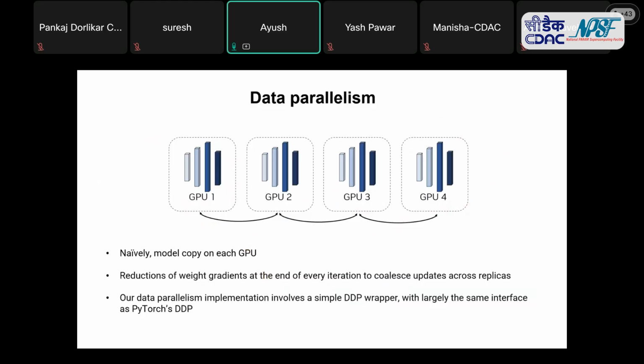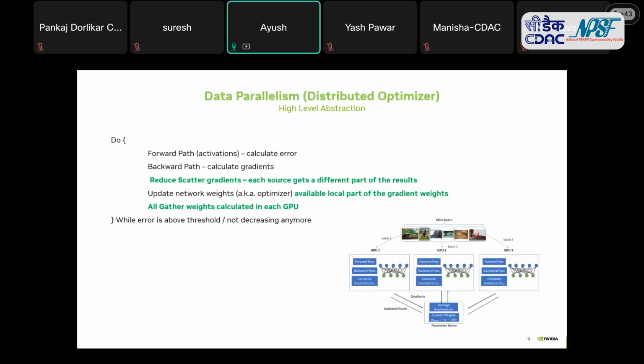This is popularly implemented, and there is a simple wrapper for it, just a simple argument you need to pass, whether you're going to use the DDP wrapper or not. So this is the high level abstraction of this.